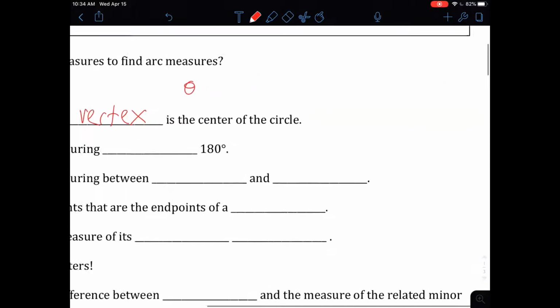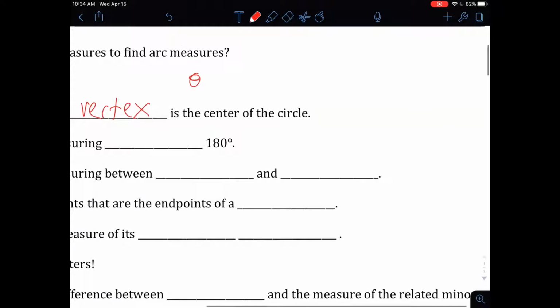So if we draw a circle over here, that wasn't too bad. Here's the center of the circle. We're going to draw an angle. So there's an angle. This would be theta right down here. And this is A and B. So that's a central angle, and that's an angle theta that is in the middle.